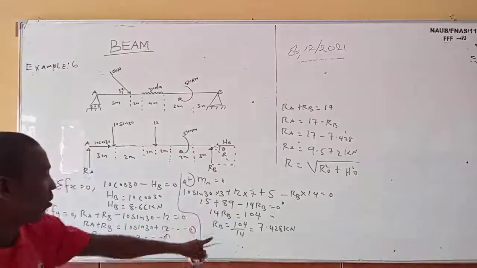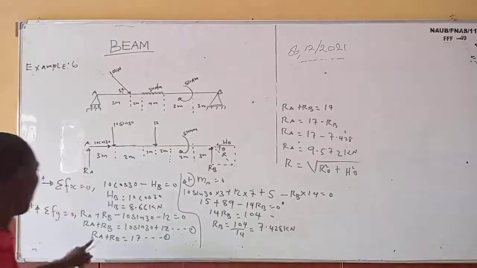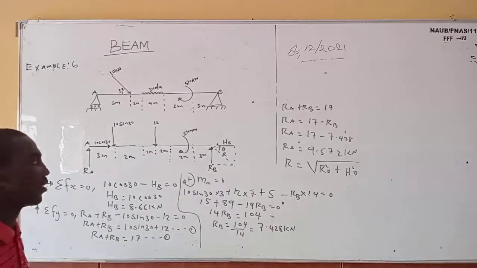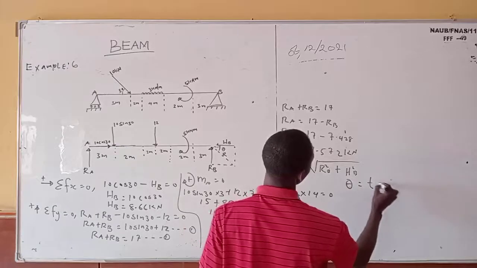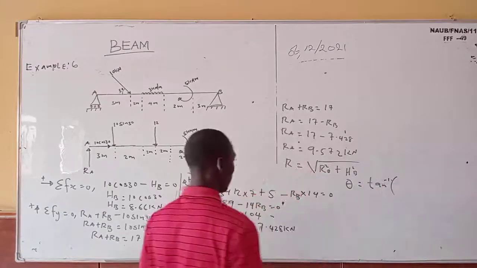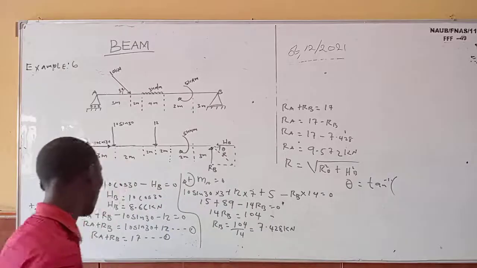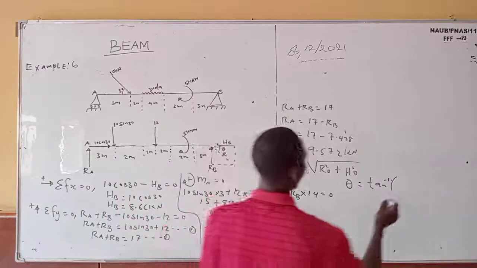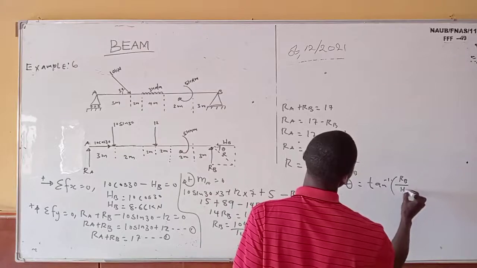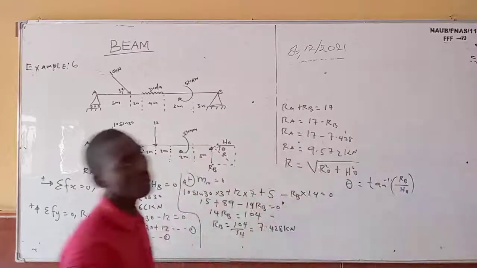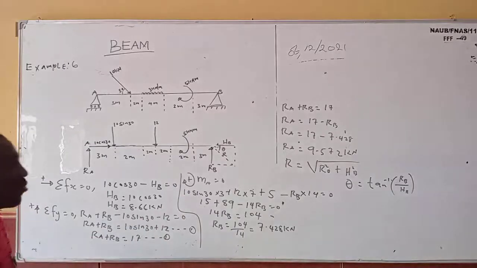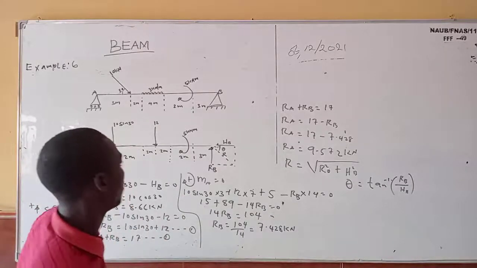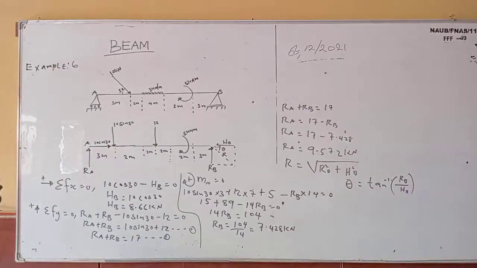You have already gotten the values: RB is this and HB is this. Just do that, then you get your resultant. And your angle of inclination, theta, is equal to arctan of RB over HB. Just substitute this, you get your angle of inclination. If you are doing that, I think the answer should be 40 point something. So thank you. Here ends example number 6. So we move to example number 8.